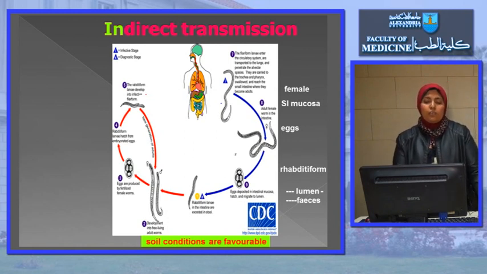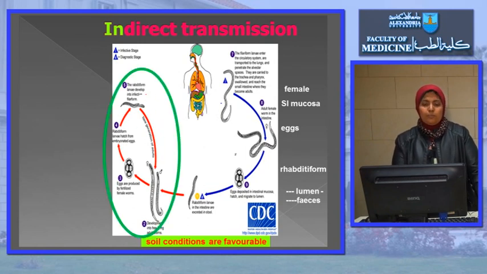If soil conditions are favorable now, which means that there is good moisture and good temperature, so this green part is the indirect transmission, where the rhabditiform larvae will molt 4 times. As we said before, once there are appropriate conditions, it will molt 4 times to form the free living adult.